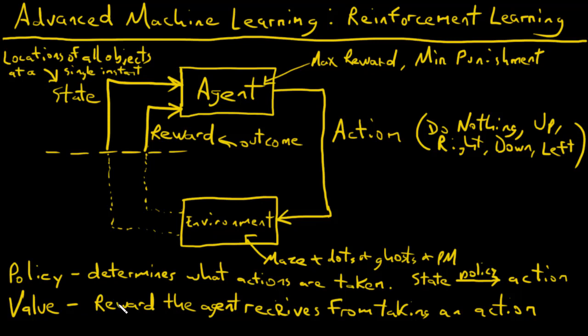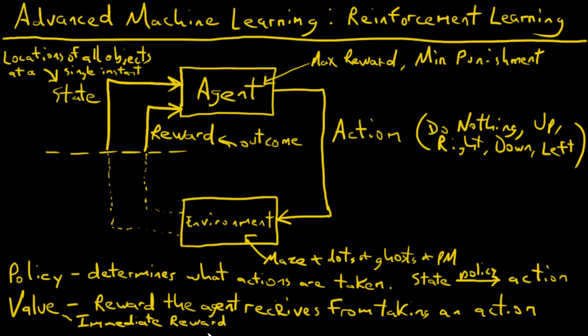So one of the things that is a little bit tricky about the value is that in order to have a good policy, you need some complexity with your value. You need to give some value to immediate rewards. So immediate rewards, things that would occur instantly based on the state.